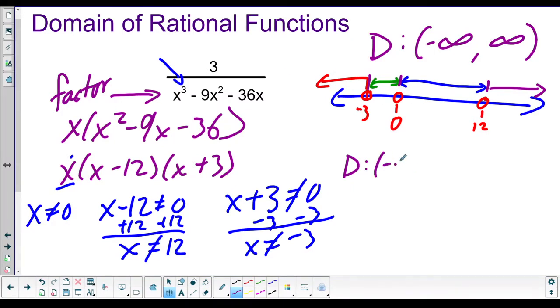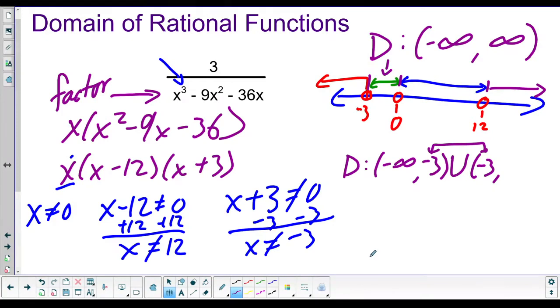So it's going to go from negative infinity up to negative 3. And because we're putting a hole here, we are not including negative 3, so we put a parenthesis. Now to connect this next section, we need to put a union. This section starts at negative 3. So we're going to start at negative 3. You can see how these two numbers match.